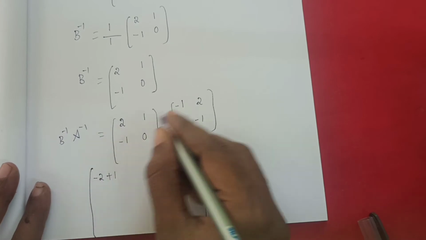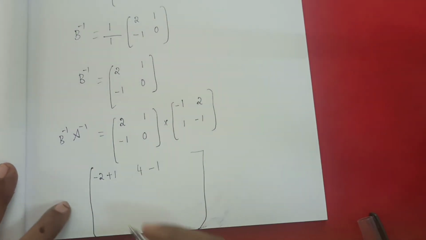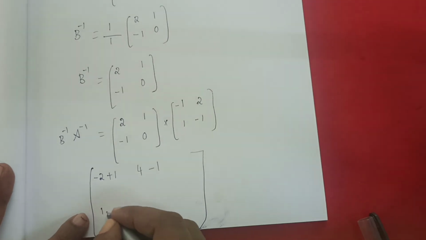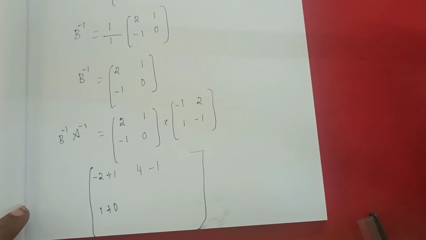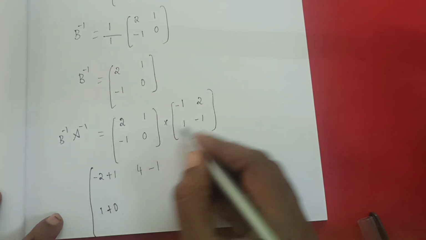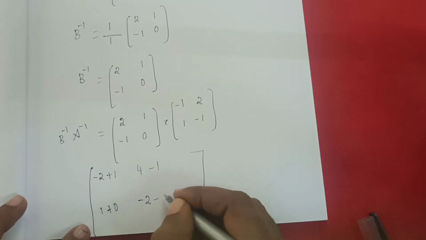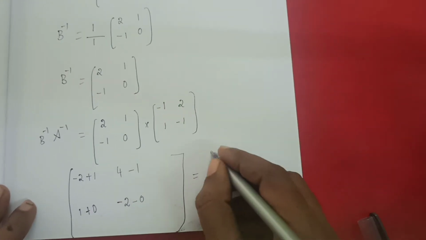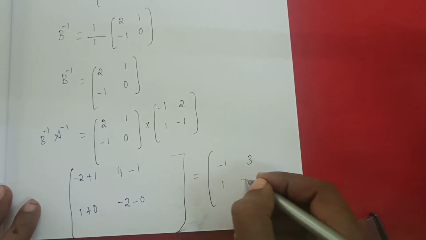Then first row, second column, that is 2 into 2 is 4 minus 1. Then here, minus 1 into 1 is 1, 0 into 1 is 0. Second row, second column, that is minus 2 minus 0. That's equal to minus 1, 3, 1, minus 2.